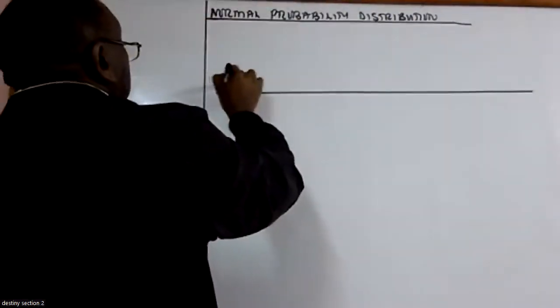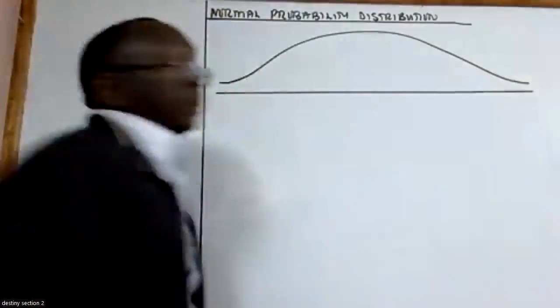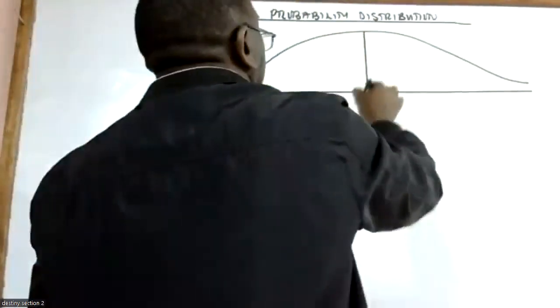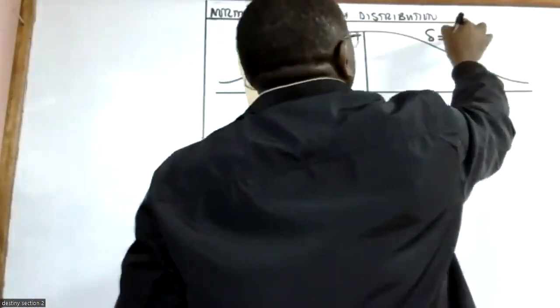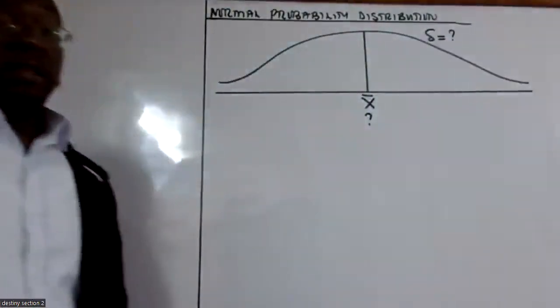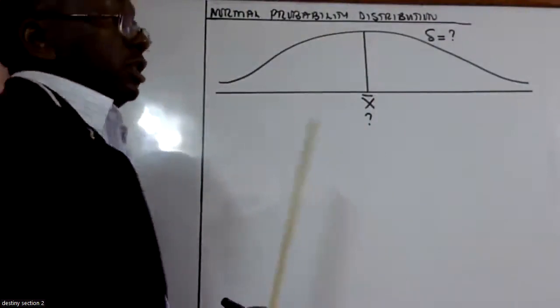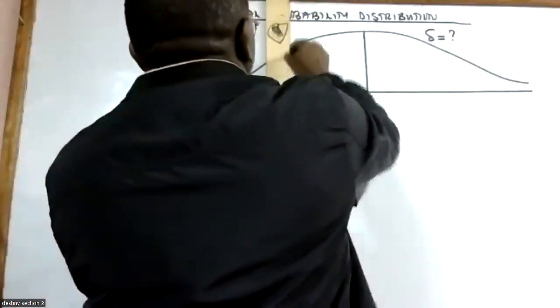So our table will look like this. On this side here, we normally have the mean X bar here and the standard deviation. Now these two are missing. But we are told the classes or the marks are divided into 3 categories.